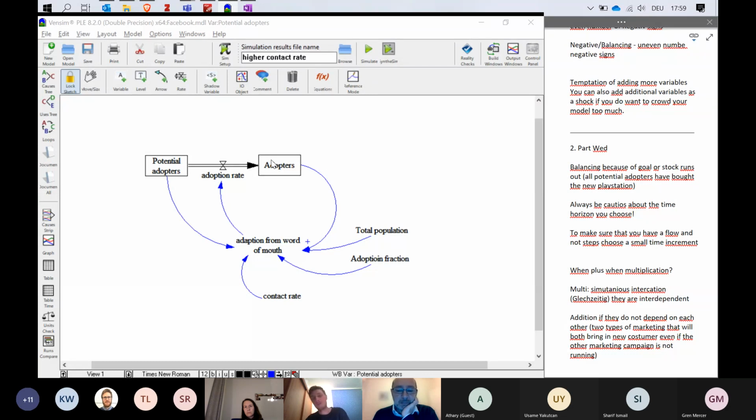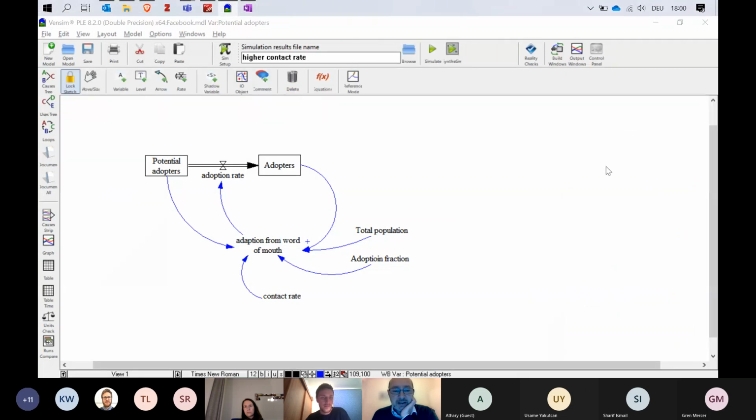Exactly. But there's one basic principle here, and this is very important. Any accumulation can only be driven by a rate of accumulation. So you need to draw the flow into the stock to make that level change.